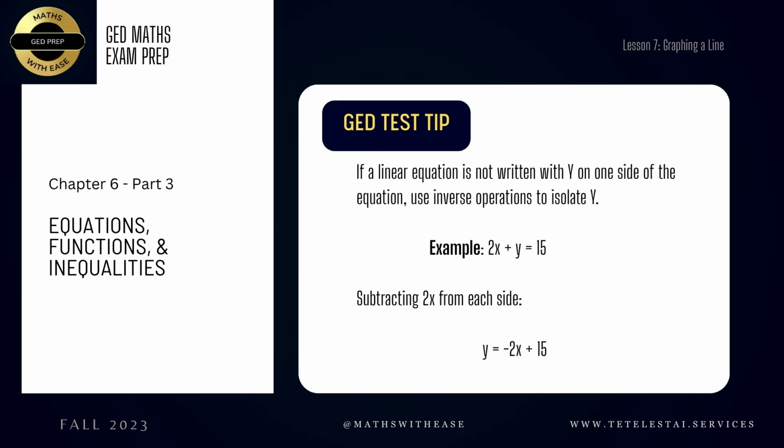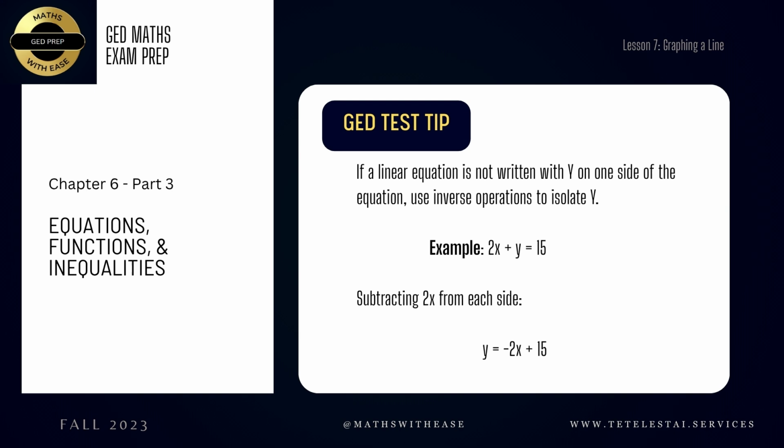If a linear equation is not written with y on one side of the equation, you want to use inverse operations to isolate y. So for example, 2x plus y equals 15. In order to make this clearly represent the slope of a line so that we can find ordered pairs and plot the line, you would need to isolate y, right?